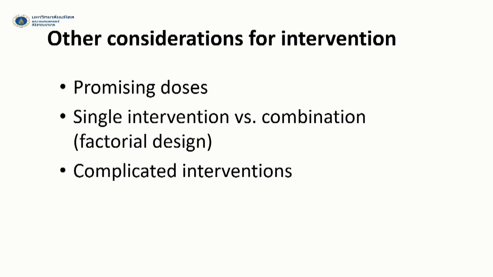But if you think about some patients, they want to use medication and exercise together. In this case, instead of having placebo control, one medication and one exercise, you can have a group that combines medication and exercise. In this case, we call it factorial design. And you can have even more complicated interventions.